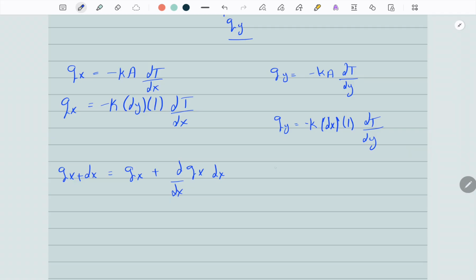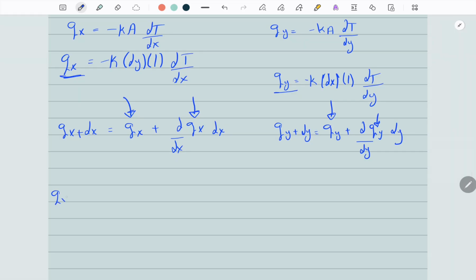Same thing with our dy: qy plus dy equals qy plus the differential of qy in terms of y. So we're going to substitute the value of qx here and here, also the values of qy here and here.